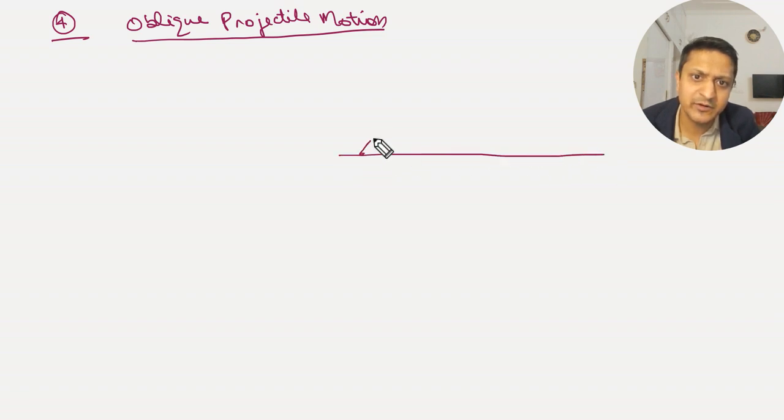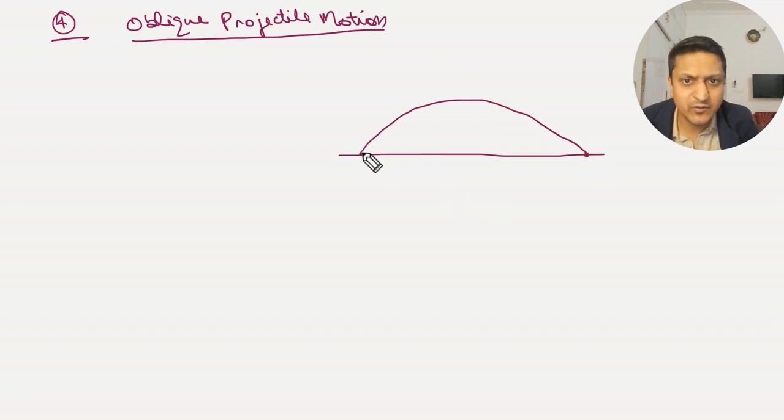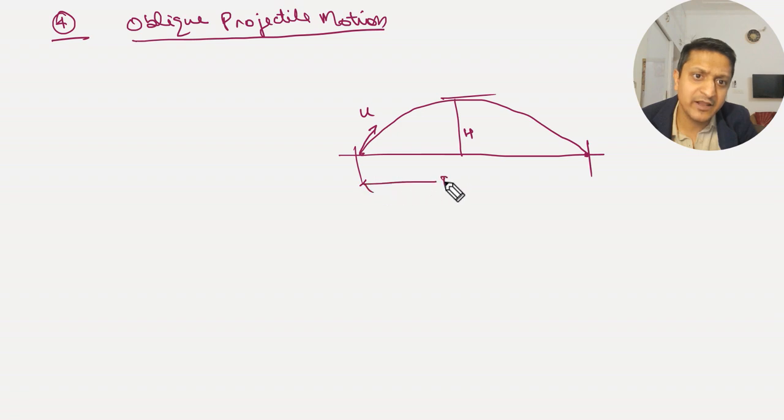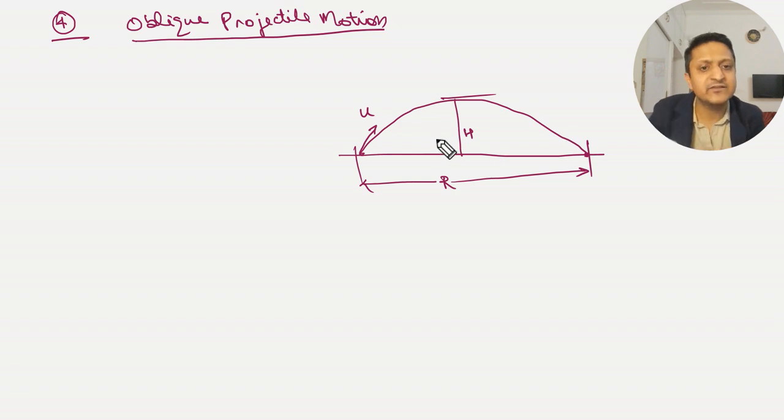It is starting from here and moving towards here. So here we will be having a u, that is the initial velocity, and we have a maximum value of height, and we have a range, that is r, how much is the distance traveled. So you can use the SUVAT equations to get the values.